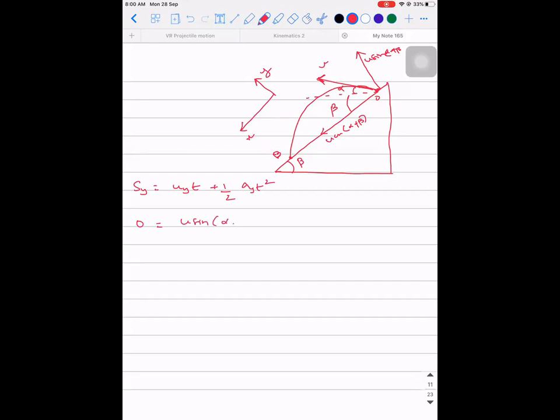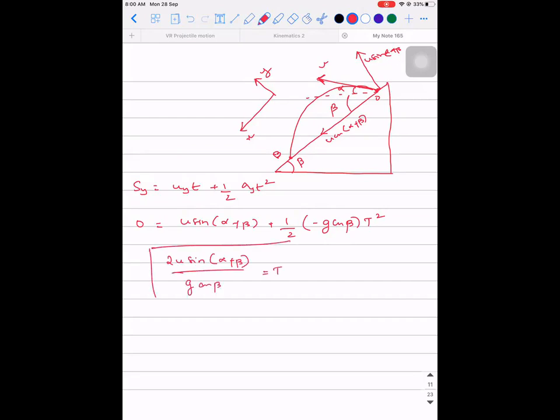U sine of alpha plus beta, plus half into acceleration along y direction, minus g cos beta, into t square. So same story again: 2u sine of alpha plus beta divided by g cos beta will be equal to T.